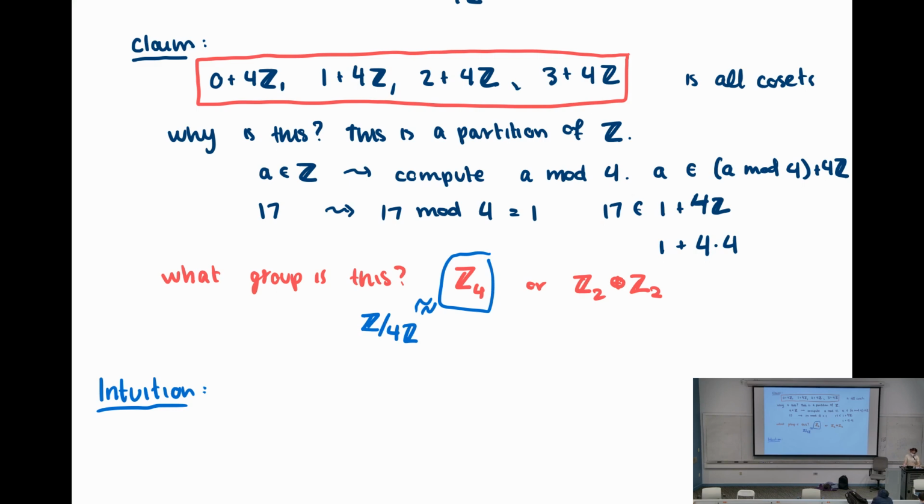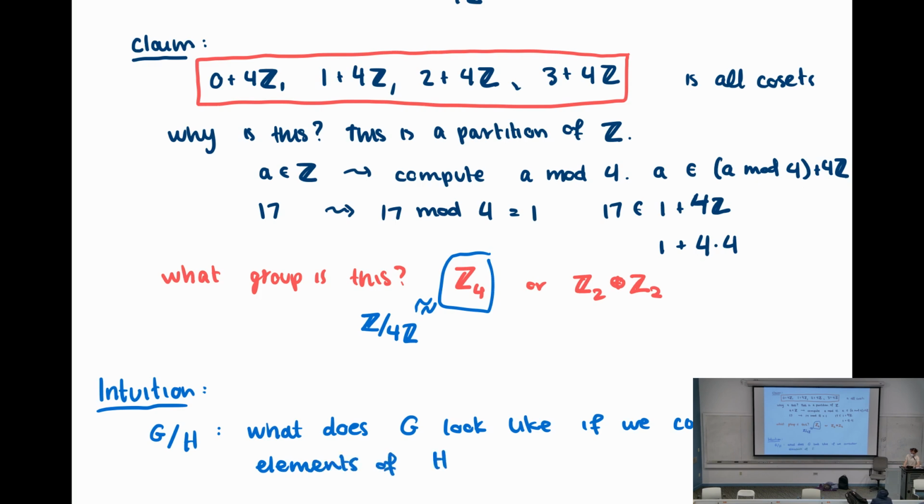Quotient groups: let's say we're looking at G mod H. This is like saying, what does G look like if we consider elements of H to be the same.